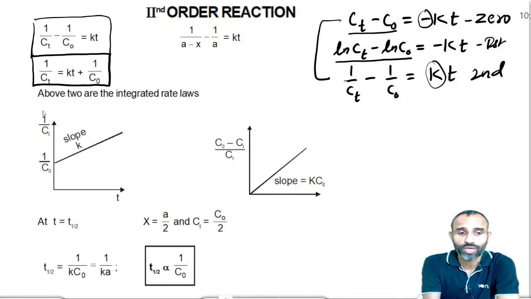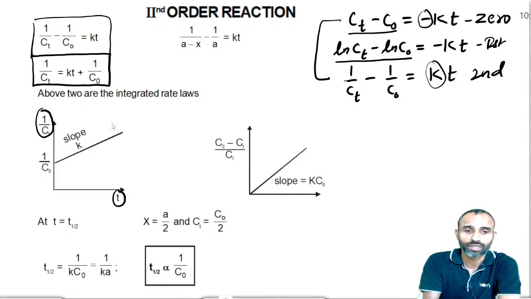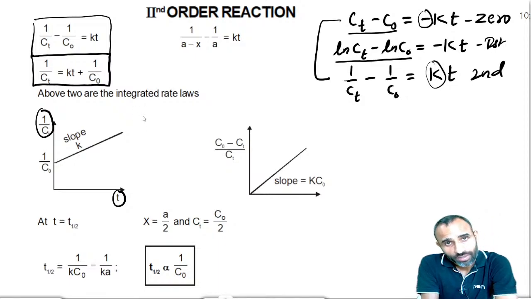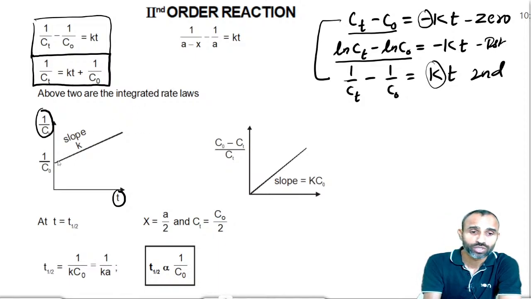If we plot a graph between 1 upon Ct versus t, it is a straight line with intercept 1 upon C naught and slope k.